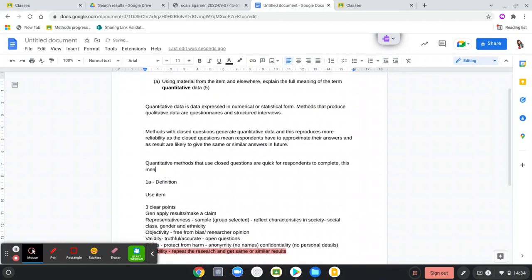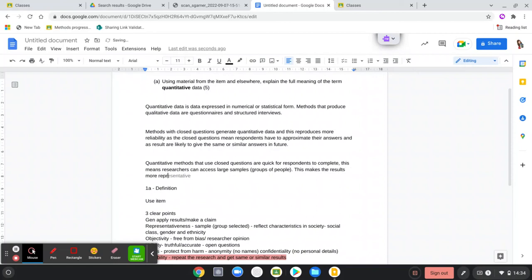This means researchers can access large samples or groups of people. Because they're closed questions, they're really quick for the respondents to complete, and this means that researchers can access really large samples. This makes the results more representative.